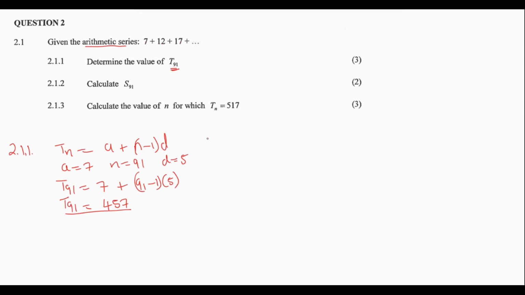Question 2.1.2, find S91. So we're finding the sum of the first 91 terms. Remember the formula: Sn is equal to n over 2, then (2a plus (n minus 1)d), right? And then we have our a, we have our n, we have our d.